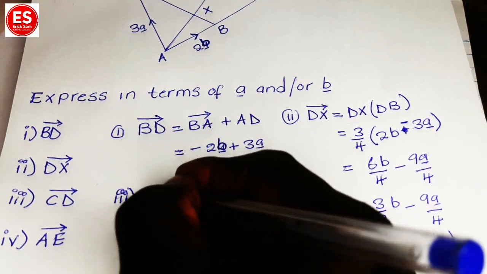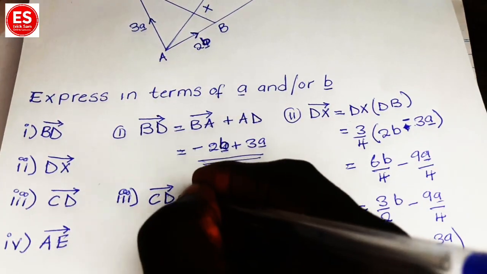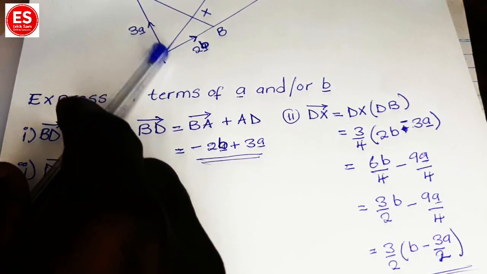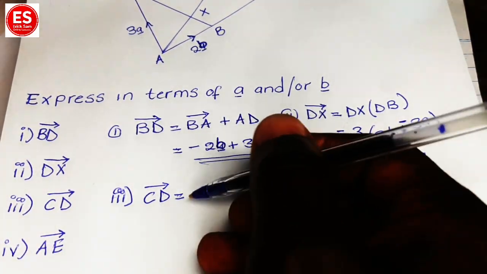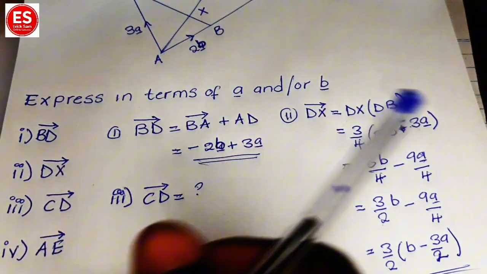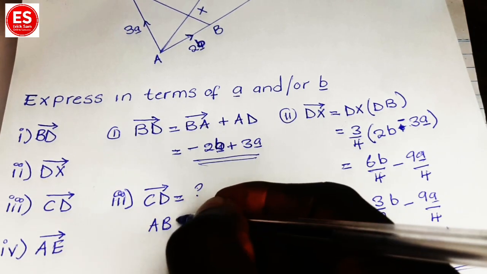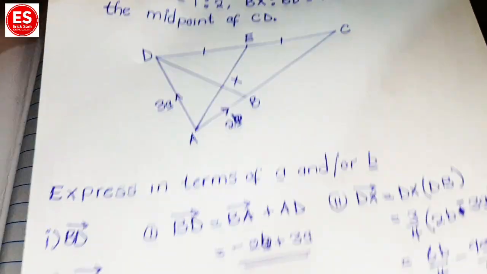To find CD, remember, you need to move from C to B, then B to A, then A to D. Before we start doing anything here, let's bear in mind that we want to find the CD, and that AB to BC, according to the information that we've been given here.